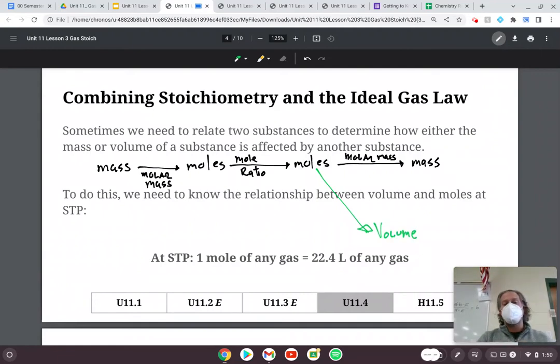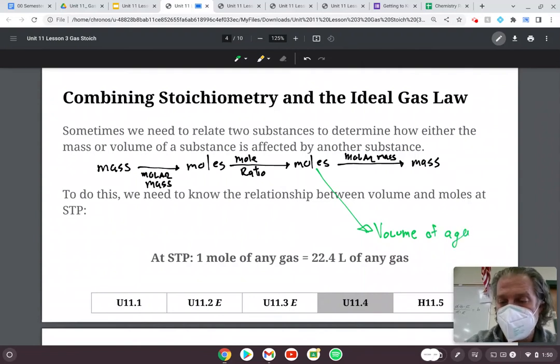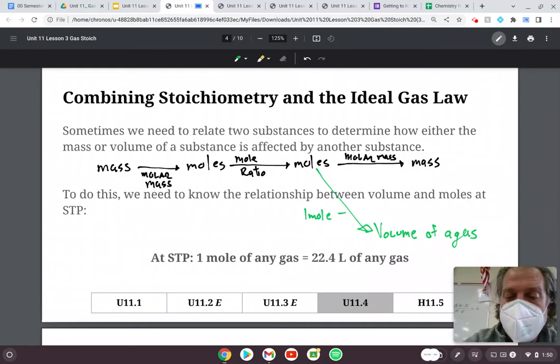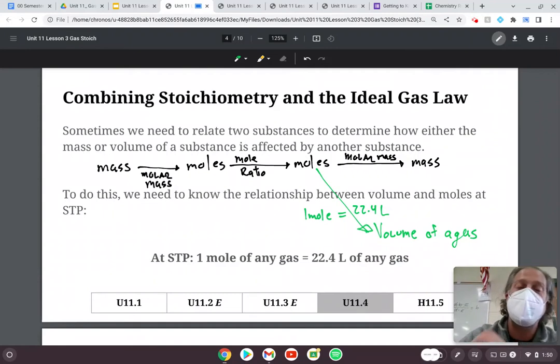So we can go from mass to moles, moles to moles, moles to volume of a gas. And when we do that, the relationship that we need to keep in mind is that 1 mole of any gas is equal to 22.4 liters of that gas, again, at STP.